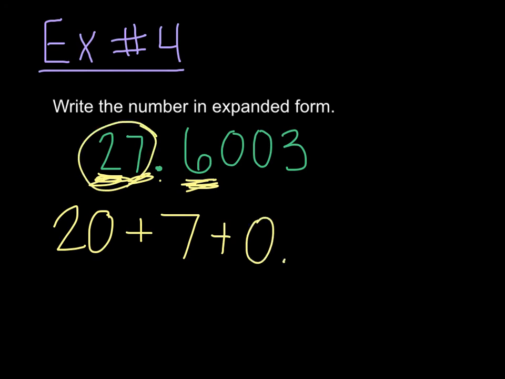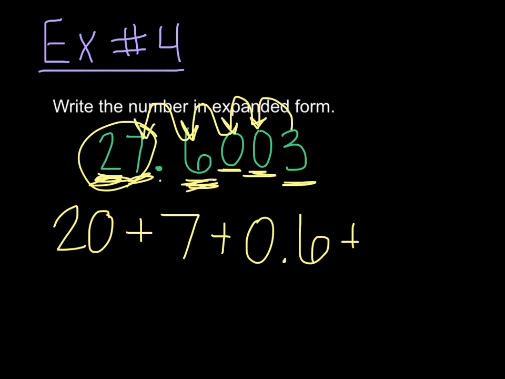So we have 6/10. Plus, when we have zeros in these 2 places, we don't need to include them. So we move on to the 3, and everything before the 3 has to become zeros. So we have 3 10,000ths.